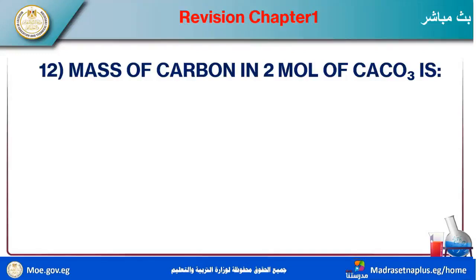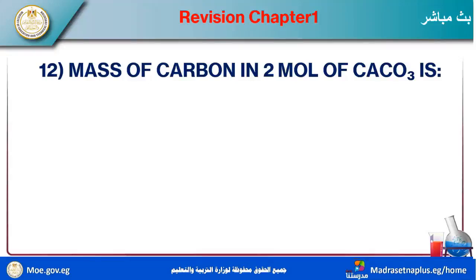Mass of carbon in 2 moles of calcium carbonate. We have 1 mole of carbon only. So for 2 moles of carbon, 1 carbon equals 12. You may ask me, how can I know the molar mass of carbon? I told you before, you have a table.